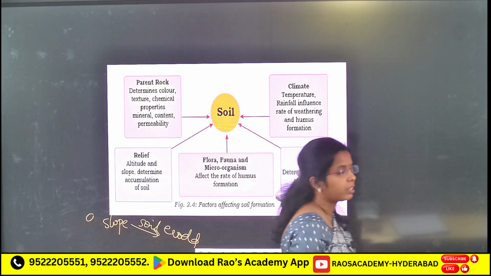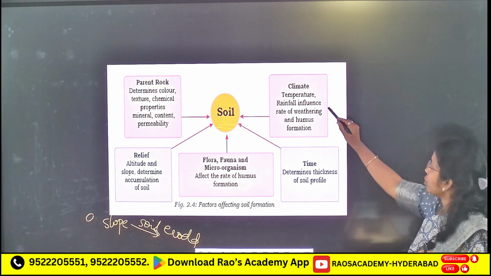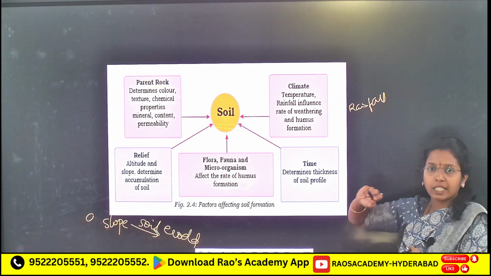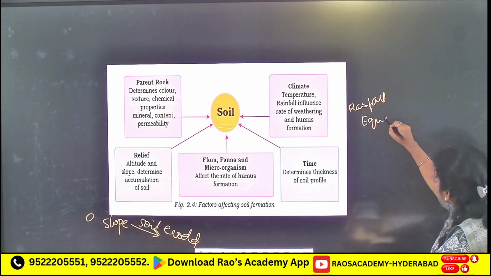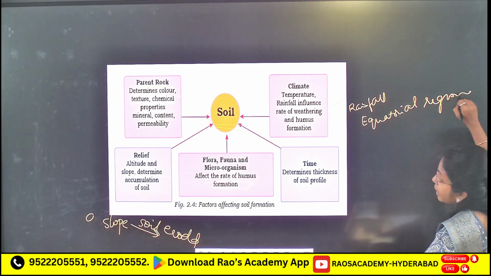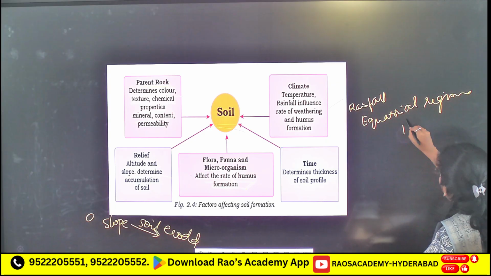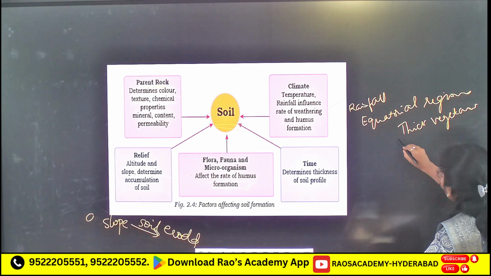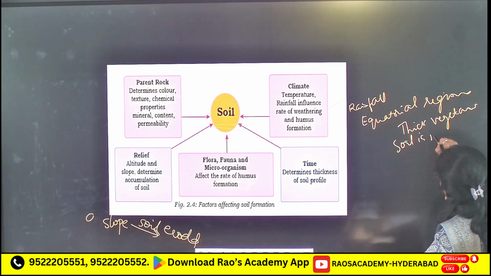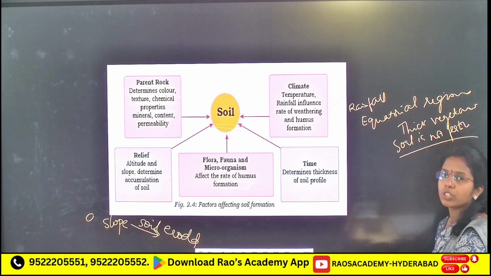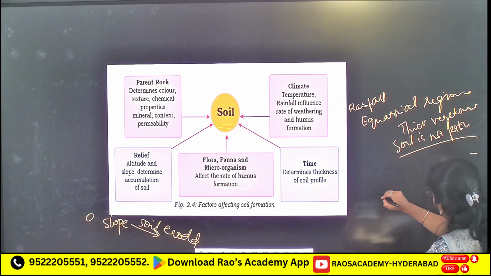Climate, temperature, rainfall also influence the type of soil. For example, in equatorial regions, you will see thick vegetation, but soil is not fertile. Why? Because of incomplete decomposition of organic matter.